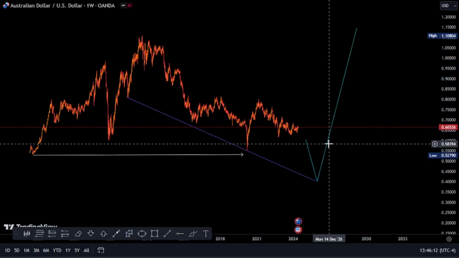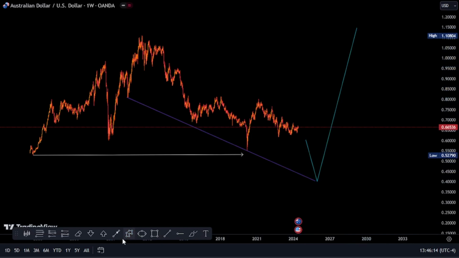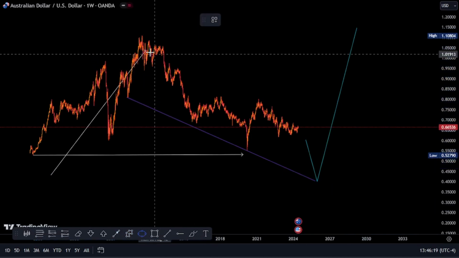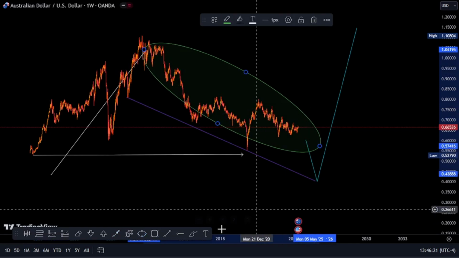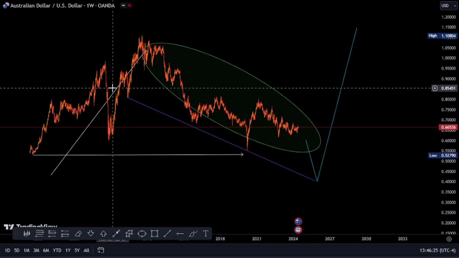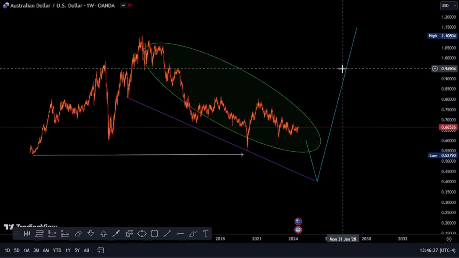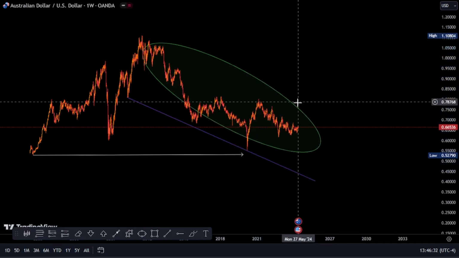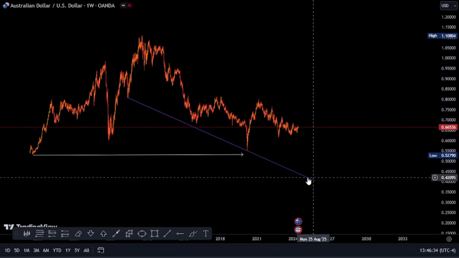So this will be my impulse up, this will be my correction, and then this will be my impulse, my continuation.